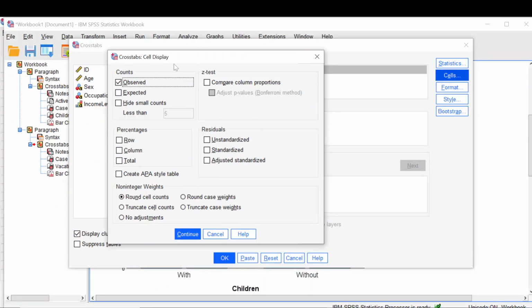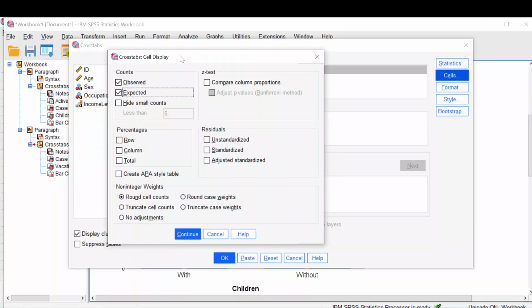But we want to get a bit more information. So to do that, we're going to check this box called expected. Expected is what SPSS thinks would be the probability of counts in each of the boxes, right? So for example, if we were to flip a coin 6 times and you end up with heads 5 times, you might think that there's going to be a tails the next time around, but that's not how probabilities work, right?